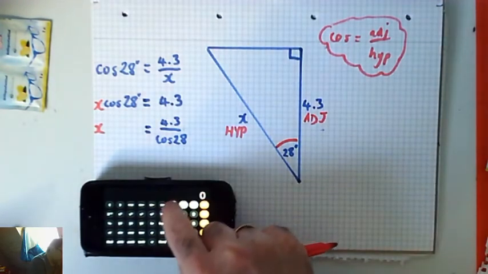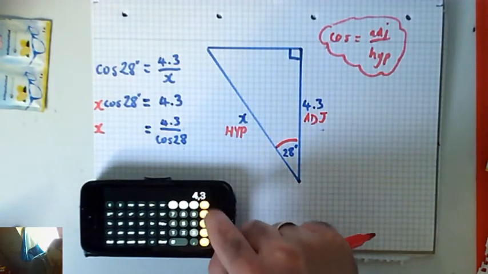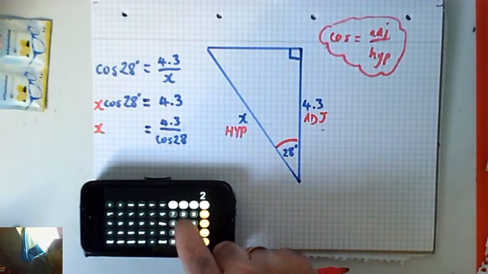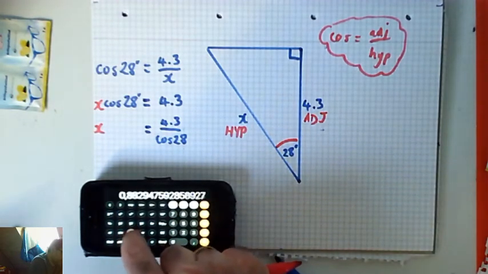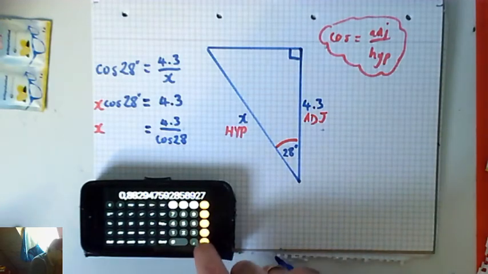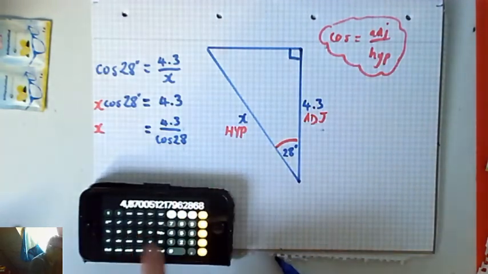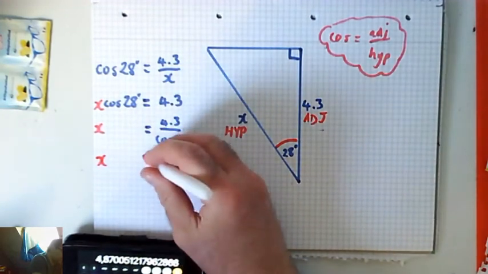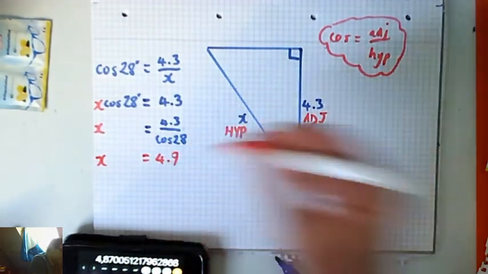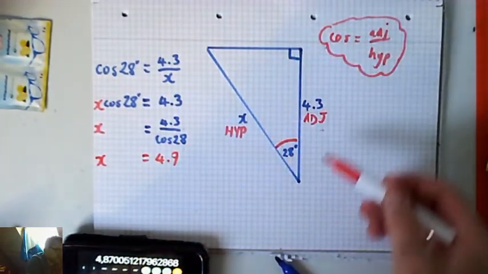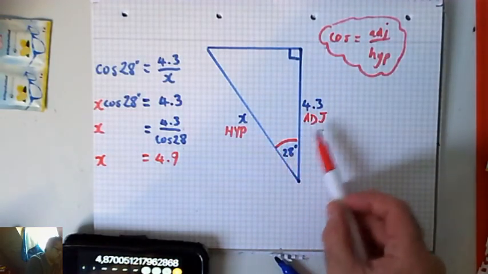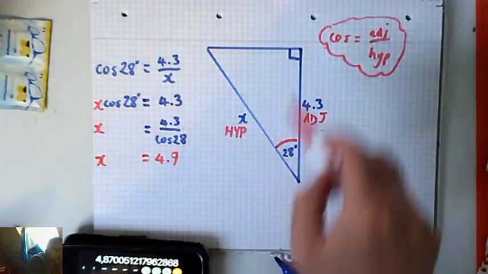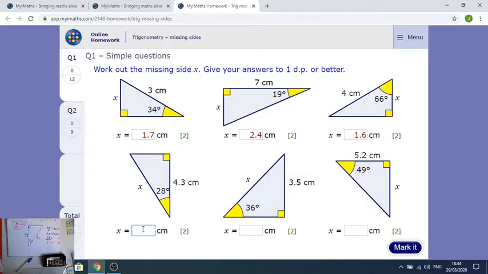So let's clear everything, and 4.3 divided by, open brackets, 28 cos of that, close brackets, equals, so 4.87 I'm getting, so I'll call that 4.9. Doesn't look unreasonable looking at the diagram. We'd expect it to be more than 4.3, although it's not a scale diagram.